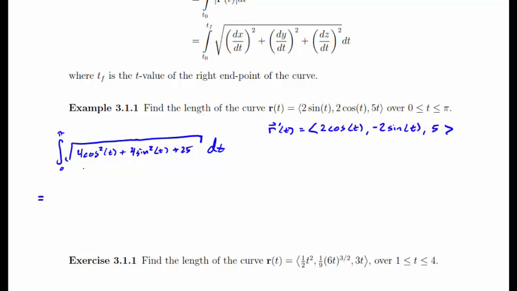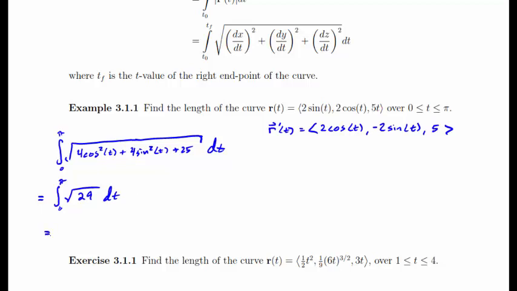And let's simplify the inside of this square root. This is now the integral from 0 to pi of the square root of 29. And that's because if I factor out the 4, we get 4 times cosine squared plus sine squared. Cosine squared plus sine squared is 1, so this just becomes a 4 plus 25 is 29. Again, we need our dt here.